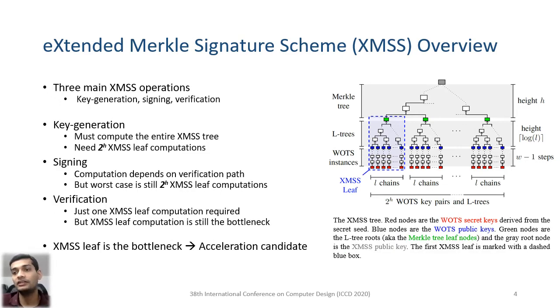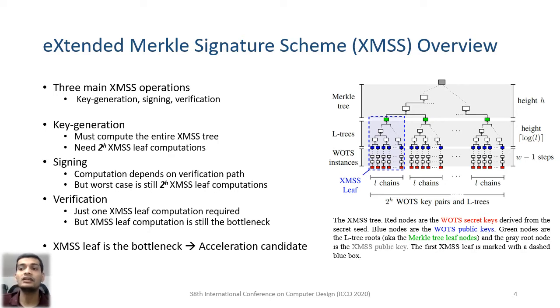The XMSS signature scheme consists of three main operations: key generation, signing, and verification. The key generation operation must generate the WOTS secret keys and the XMSS public key, which is the root of the Merkle tree. Therefore, the entire tree needs to be computed for this operation. This requires 2^h XMSS leaf computations. For the signing operation, the amount of computation depends on the specific WOTS instance and the path to the root node.